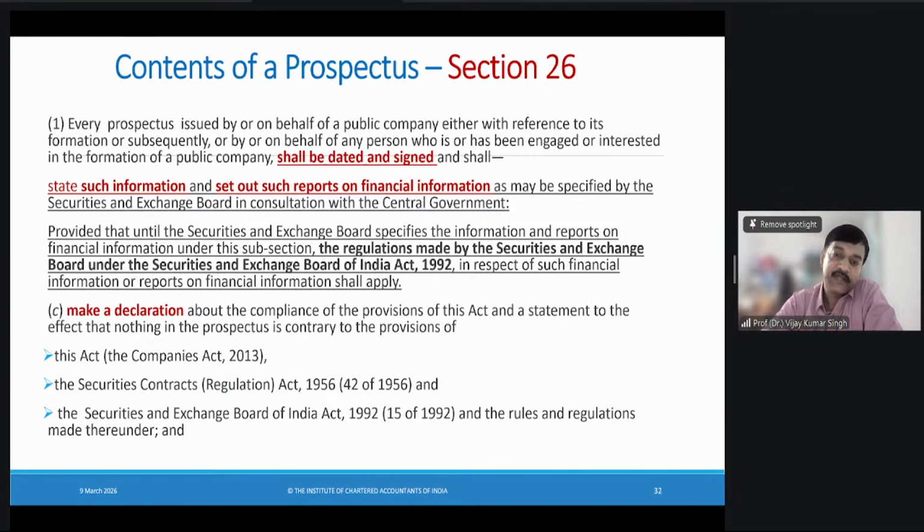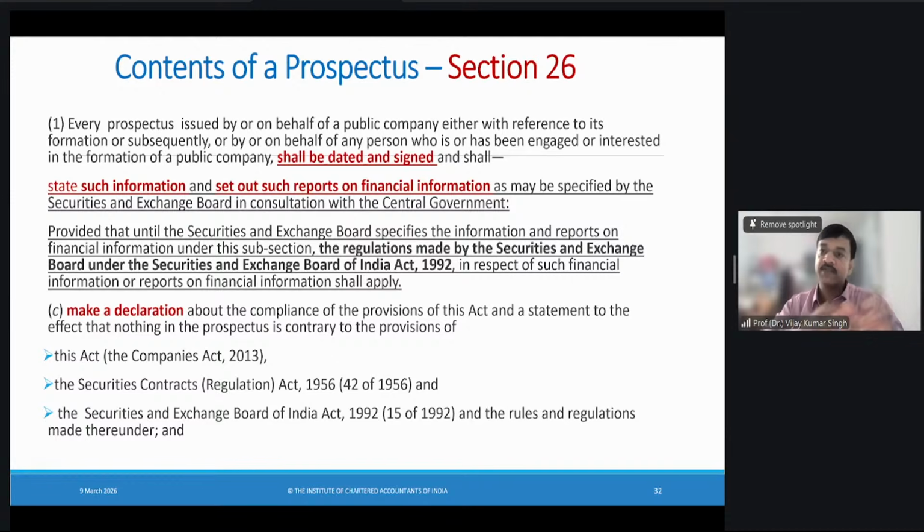This is very important condition because signature puts forward the authenticity of that document and there is a valid authorization. Second, it should be dated. So date of the prospectus is also very important because that is the date when it will be treated as public and communicated to the public. Then state such information and set out such reports on financial information.